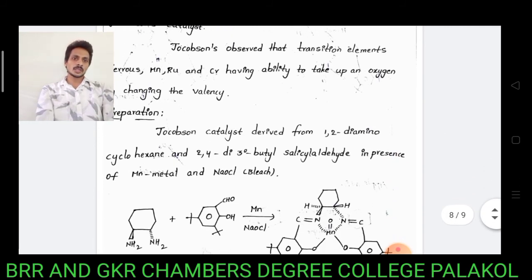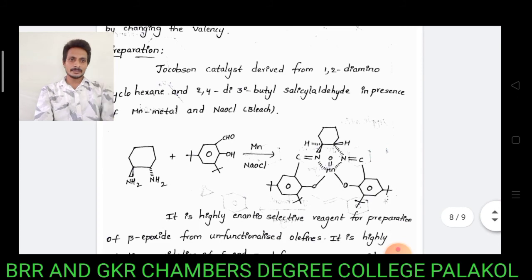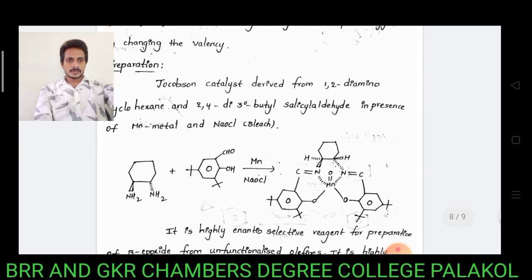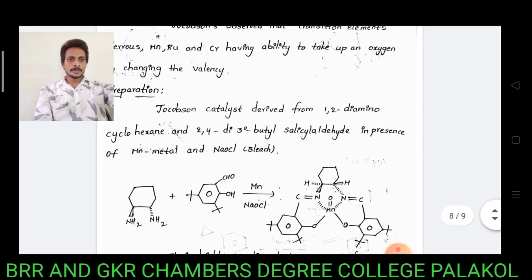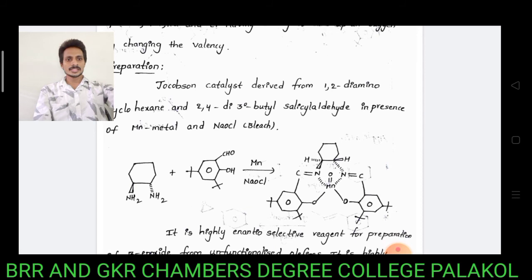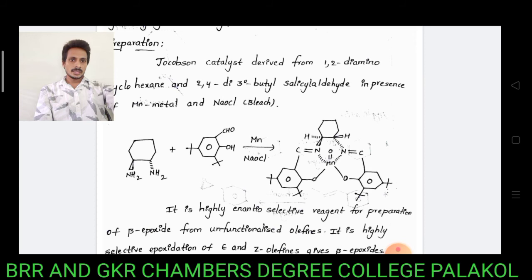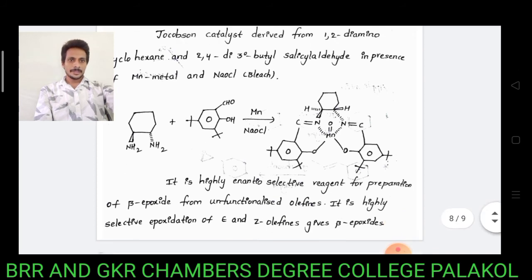Preparation: Jacobsen catalyst is derived from 1,2-diaminocyclohexane and 2,4-di-tert-butyl salicylaldehyde in the presence of manganese metal, to give the corresponding catalyst.